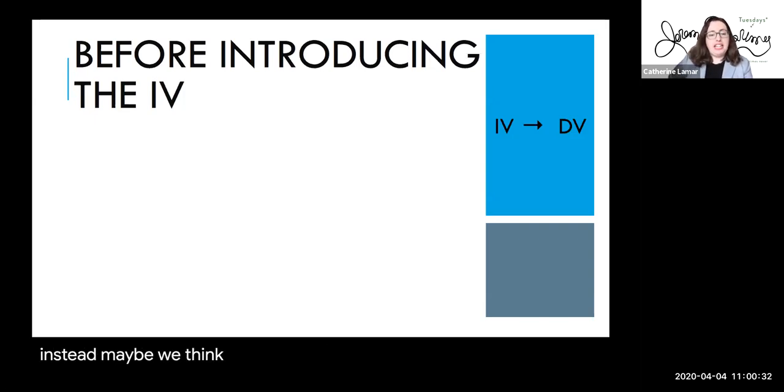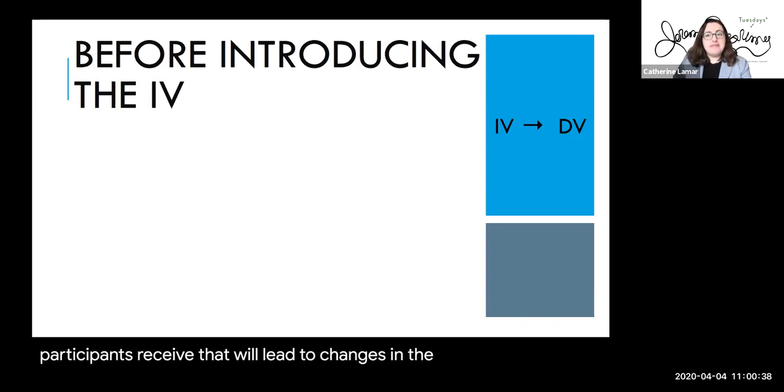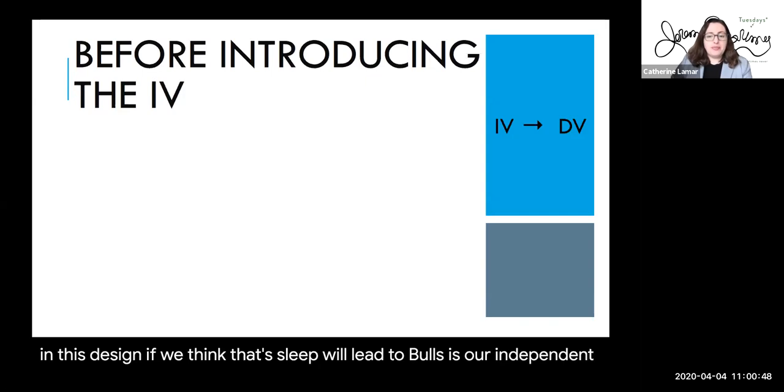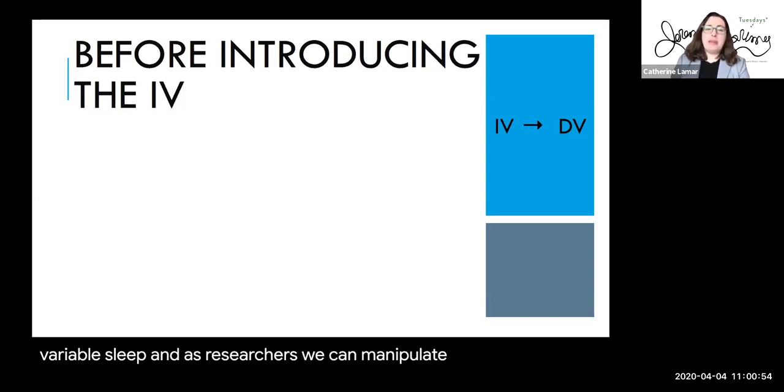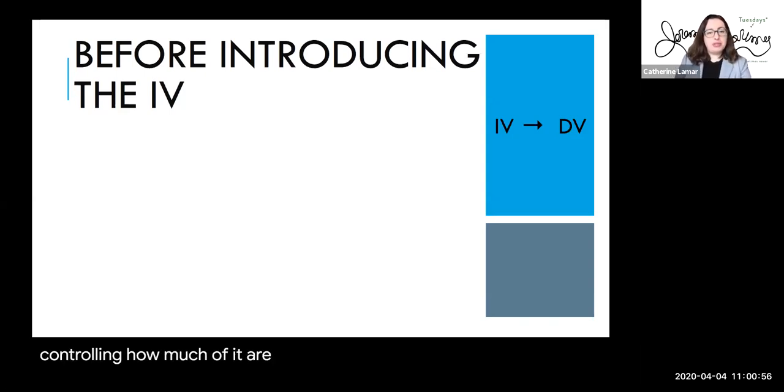Maybe we think that if we manipulate sleep, like how much sleep participants receive, that will lead to changes in their happiness level. So in this design, if we think that sleep will lead to happiness, which of those variables is our independent variable? Sleep. And as researchers, we can manipulate sleep by controlling how much of it our participants receive.